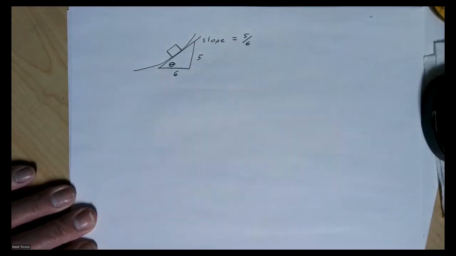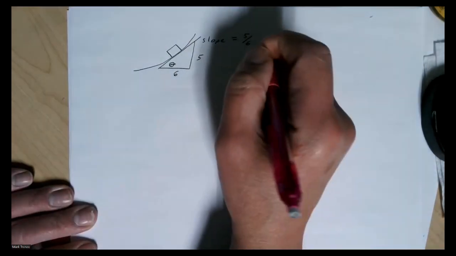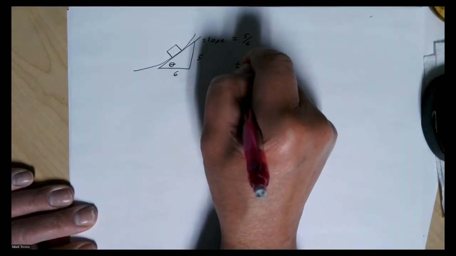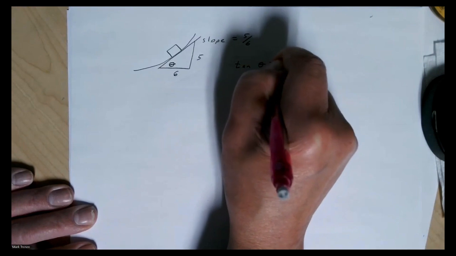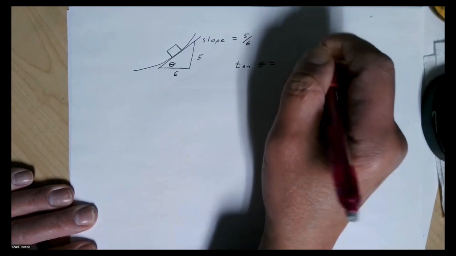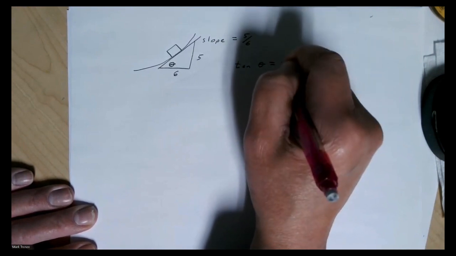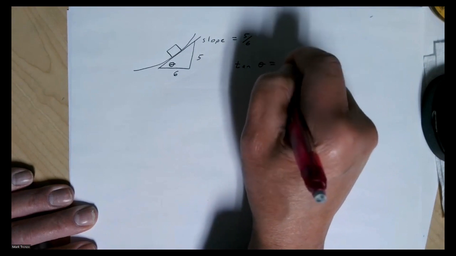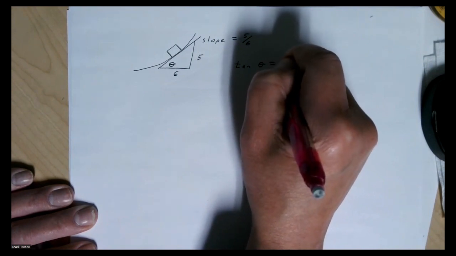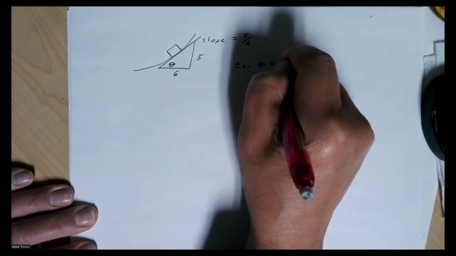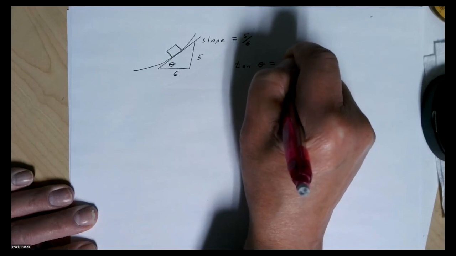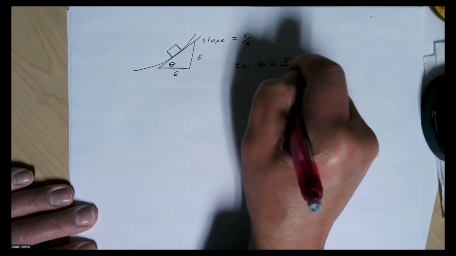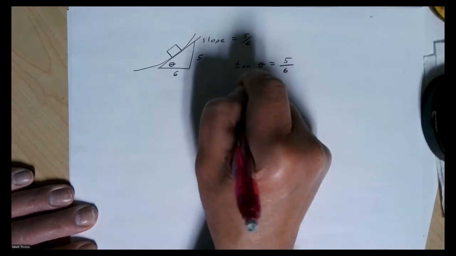So if we want the direction or the angle, it's a tangent of theta is equal to the opposite over the adjacent.